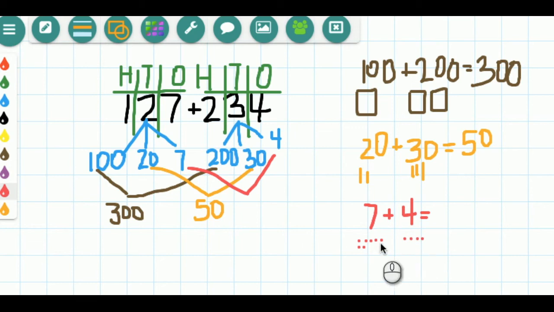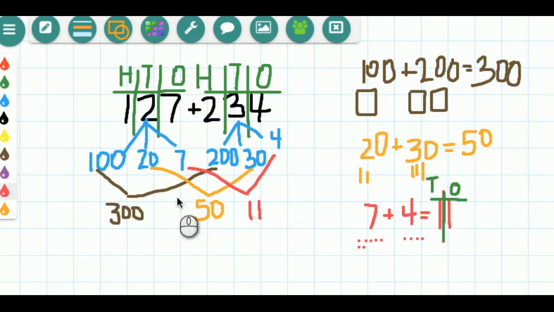Now when you add 7 plus 4, you're going to get 11. Eleven is the same as 10 and 1. So when we're adding this together, we have to be careful to add another 10 to our tens.